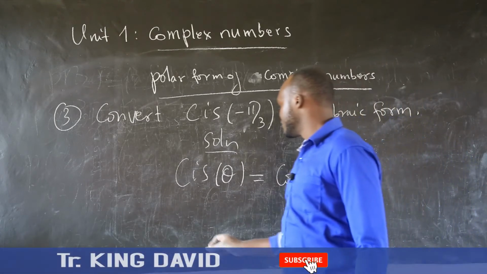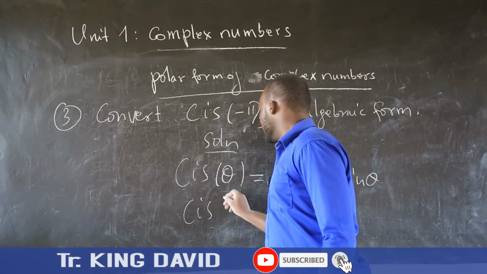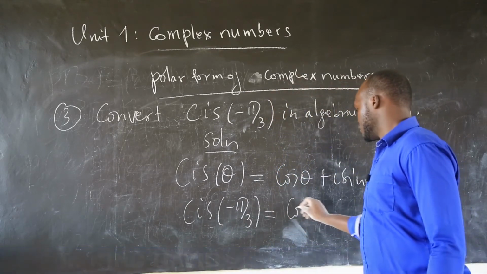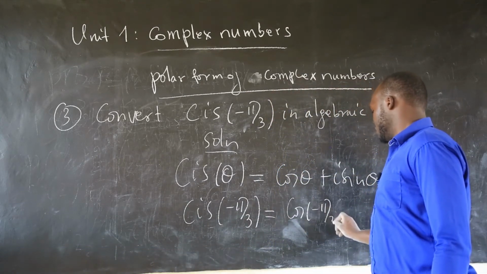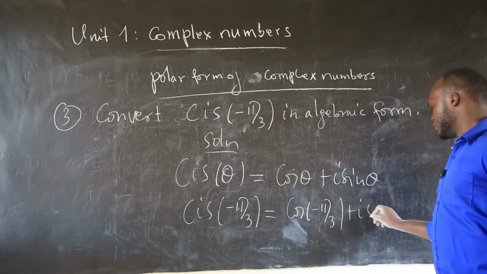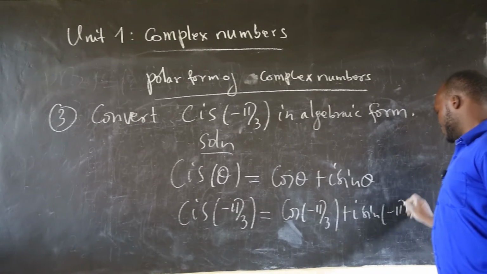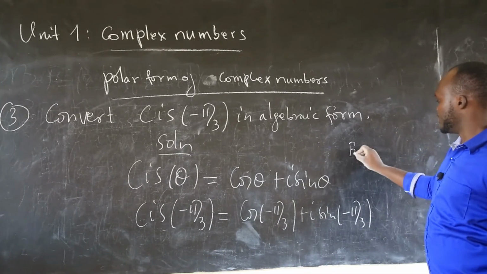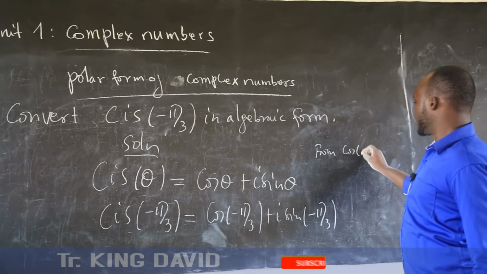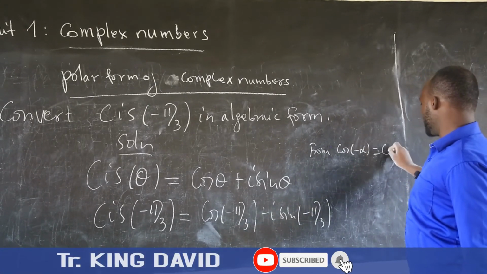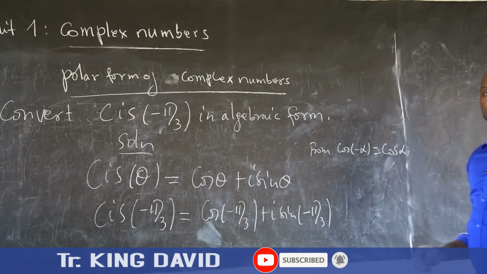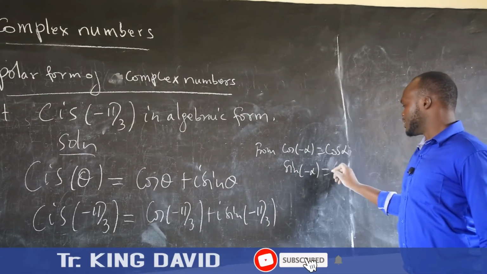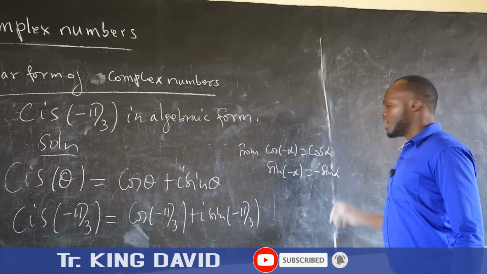So CIS of negative pi over 3 is cos of negative pi over 3 plus I sin of negative pi over 3. Remember, cos of a negative angle is the same as cos of that angle, and sine of a negative angle is minus the sine of that angle.